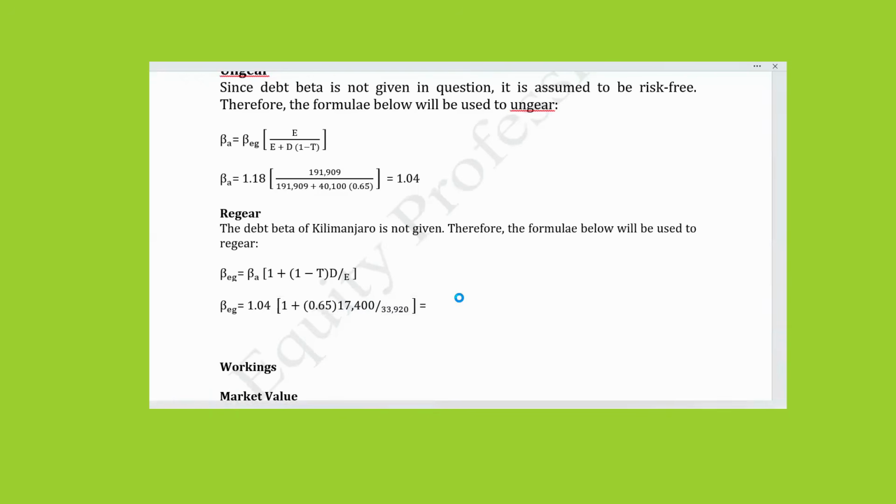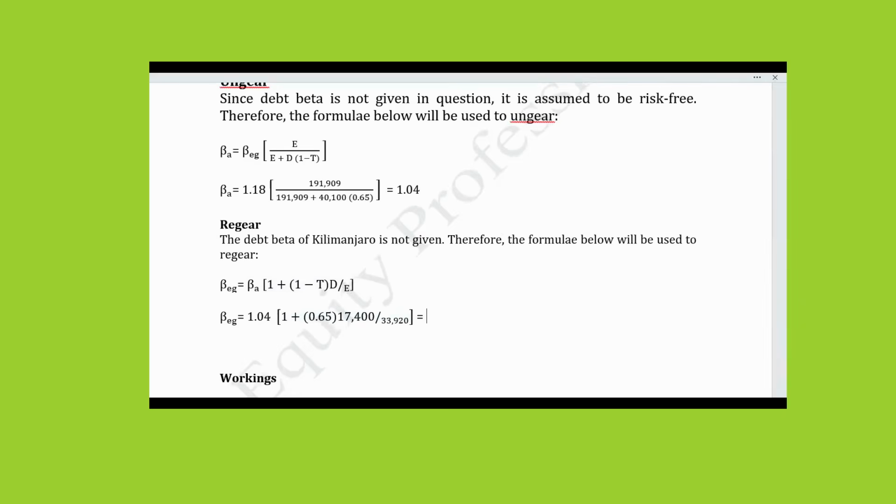Give it to me. What do you have there? Okay, let me use my calculator. 1.387. 1.39. That's it.